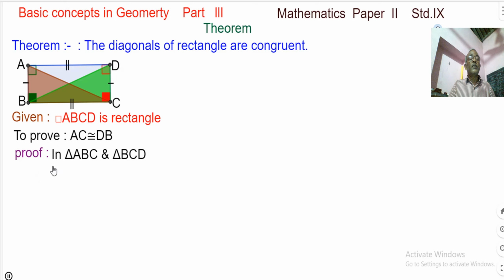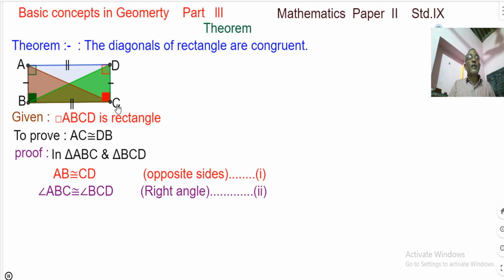Proof: in triangle ABC and triangle BCD, side AB congruent side DC, because these are opposite sides of rectangle.